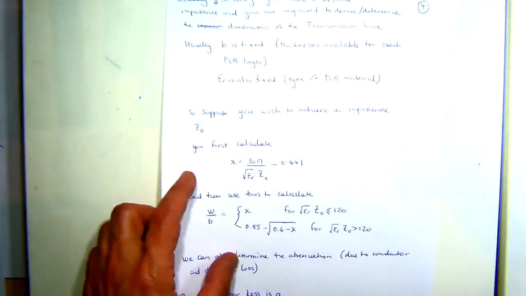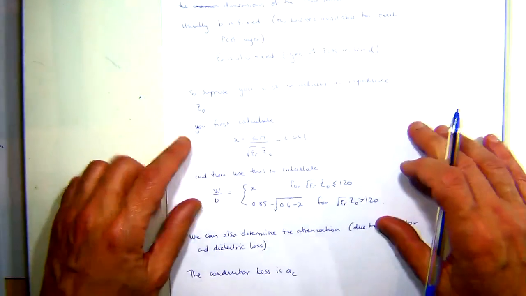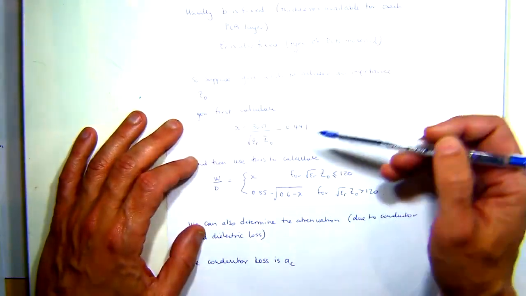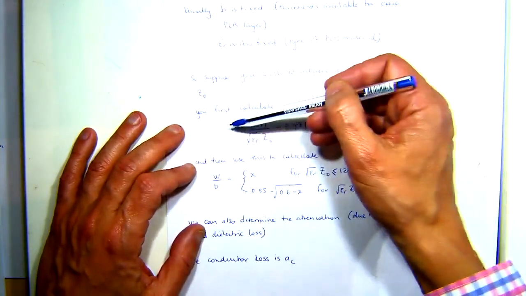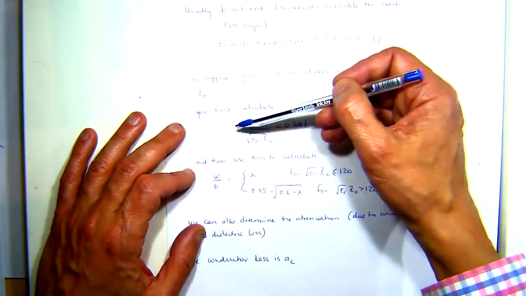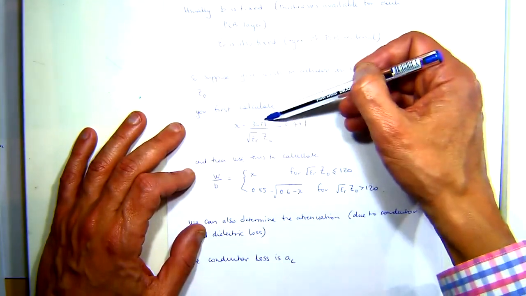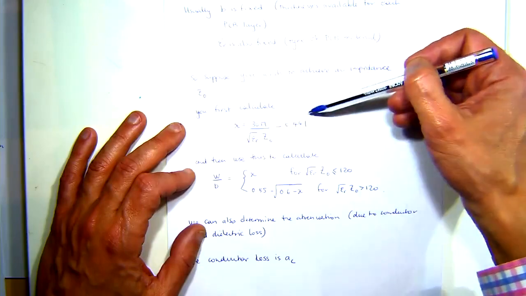As an example. So the first thing we want to do is, we said we want 50 ohms. We rewrite that in terms of x, where x is the relative potential thickness. Essentially that's 30 pi divided by the square root of the dielectric constant, minus 4.1.